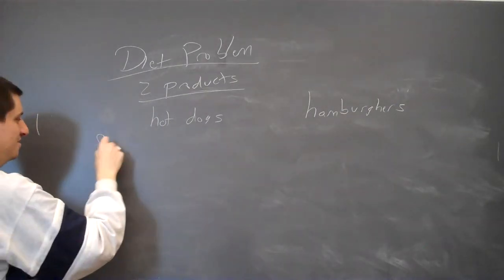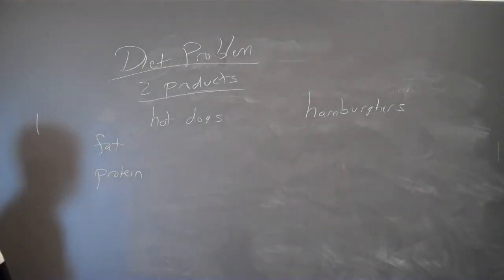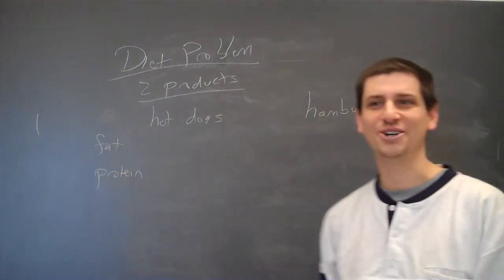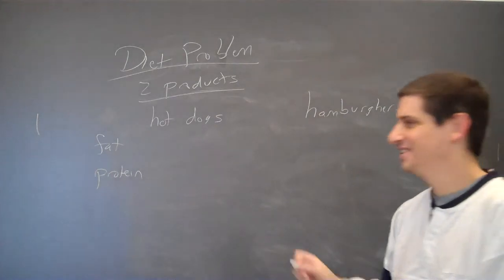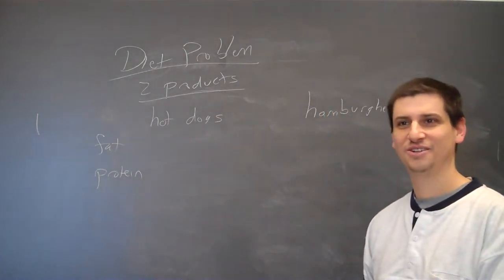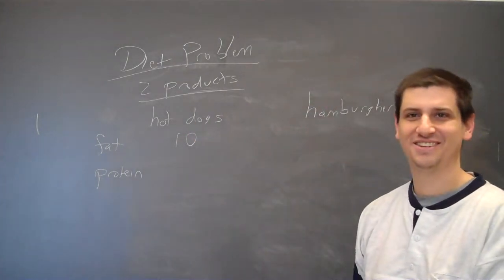Fat and protein. So I don't care at all if the numbers are even remotely reasonable. How much fat does 1 unit of hot dog have? Well, I need a unit amount. 10 units. And how much protein? 5.